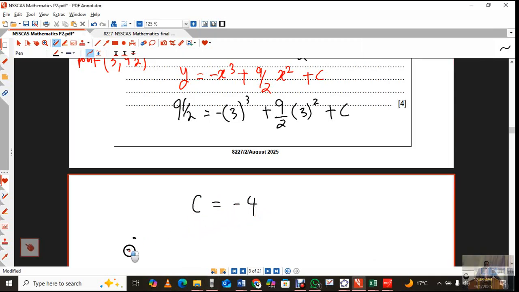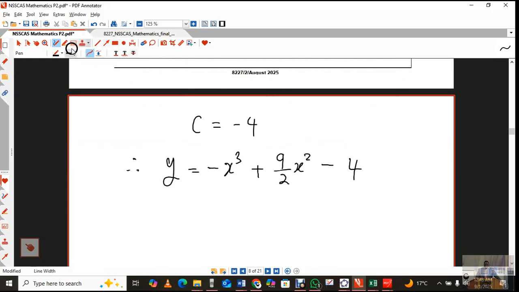So what is our equation? Therefore, our equation is, let's just get the rest of it. It's actually over here. It's minus x cubed plus 9 over 2 x squared, or you can say 4.5 x squared, and then minus our 4, which was our constant of integration.